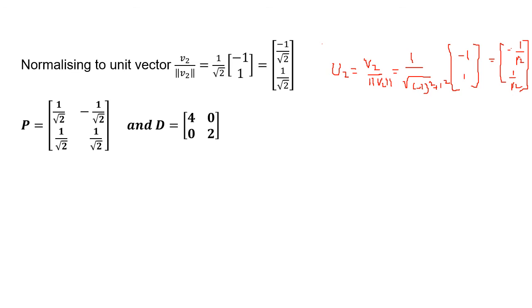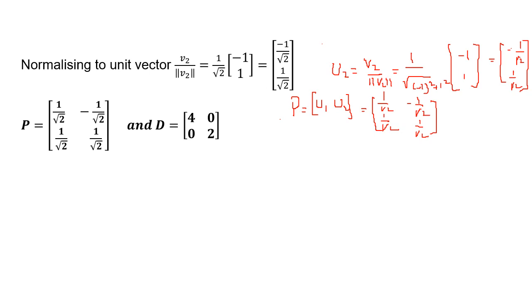Once we know u1 and u2, we can form the matrix P. It is [u1, u2]. Here u1 is (1 by root 2, 1 by root 2), whereas u2 is (minus 1 by root 2, 1 by root 2).